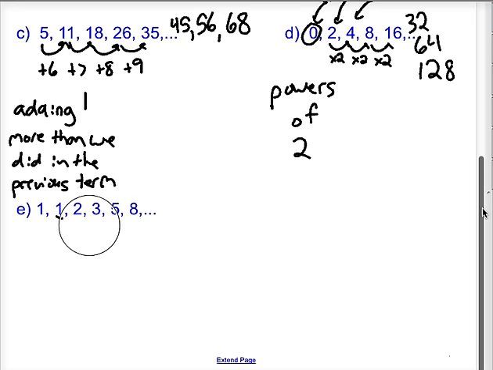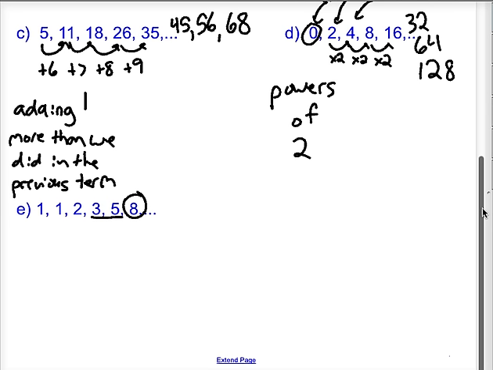And then 2 plus 3 gives me that 5. 3 plus 5 gives me 8.